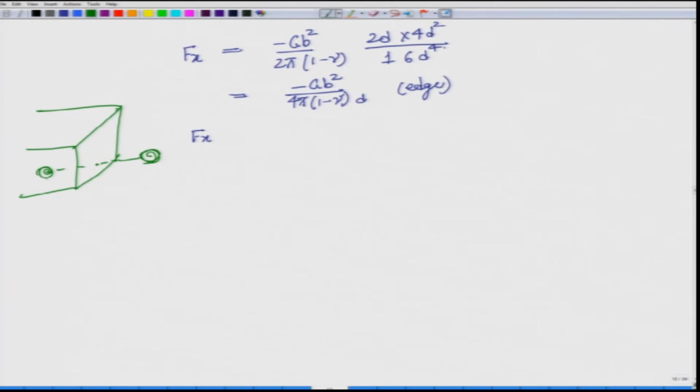The real forces are acting onto this, and the real forces are trying to pull it like this, and this applies for screw. What will be different is that it will not have this 1 minus nu term, because this 1 minus nu term, if you remember, gets included only in the edge dislocation, leading to higher energy, larger force requirement for edge dislocation. For screw dislocation, this is lower energy and hence lower force requirement.